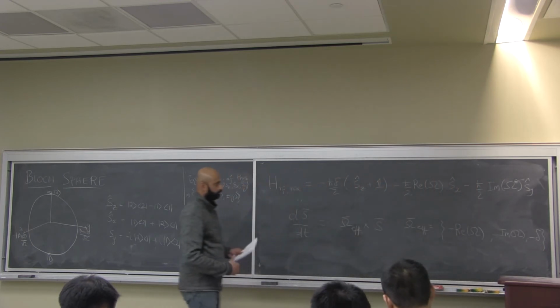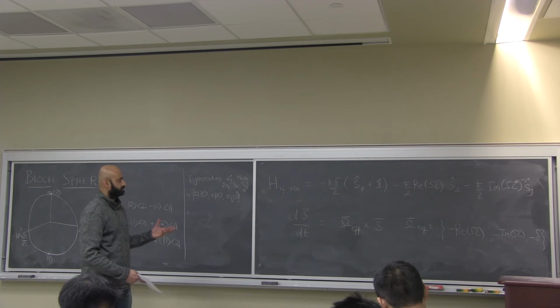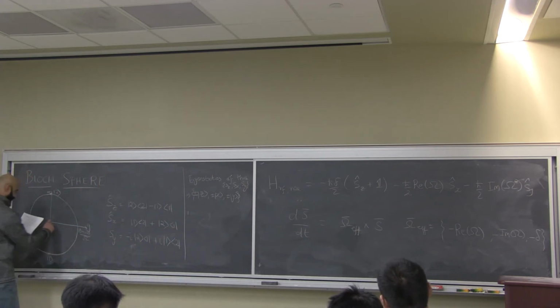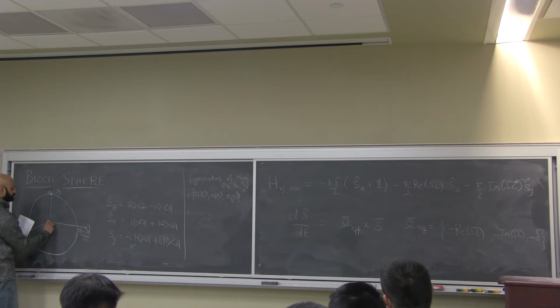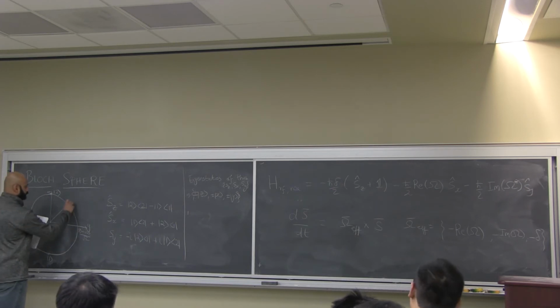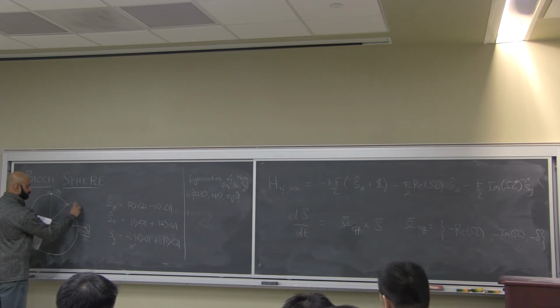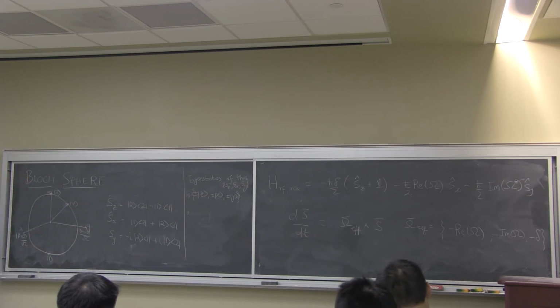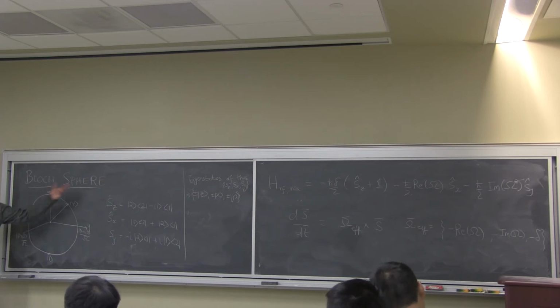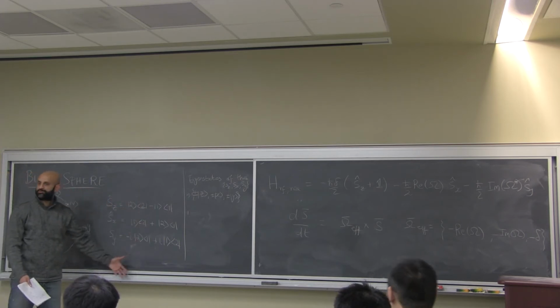So this is very nice because it gives you a geometrical picture for the state vector psi. Basically, we are saying now that the state vector is represented by a point on the Bloch sphere, which is made up of 3 components, whose projections on the x, y, and z axes are components of this pseudo spin vector.